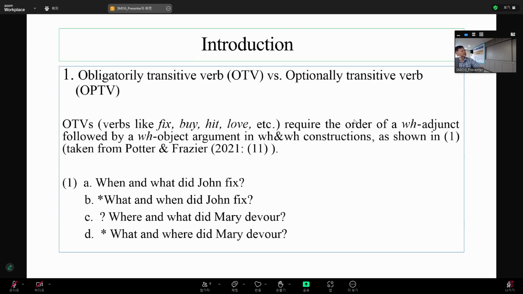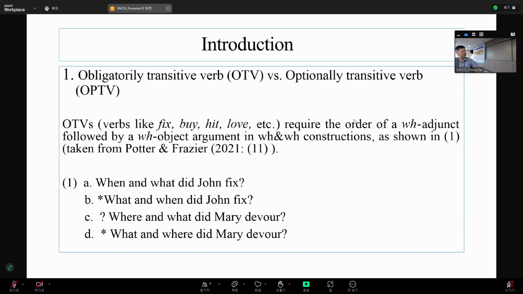First, obligatorily transitive verbs. I call these OTVs. Optives are verbs like fix, devour, etc. These verbs require a Wh adjunct followed by a Wh object argument in these constructions, as shown in number 1. 1A, when and what did John fix?